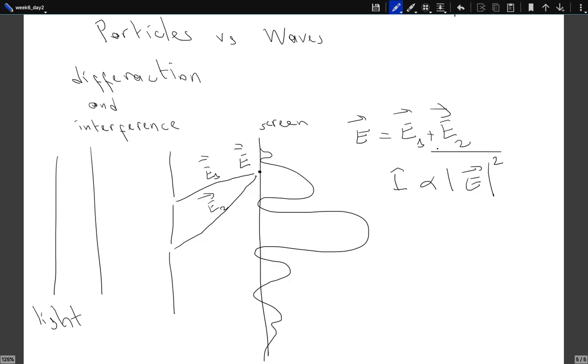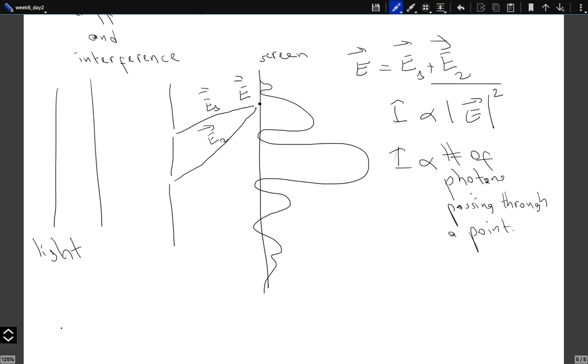On the other hand, we have the intensity is proportional to the number of photons.